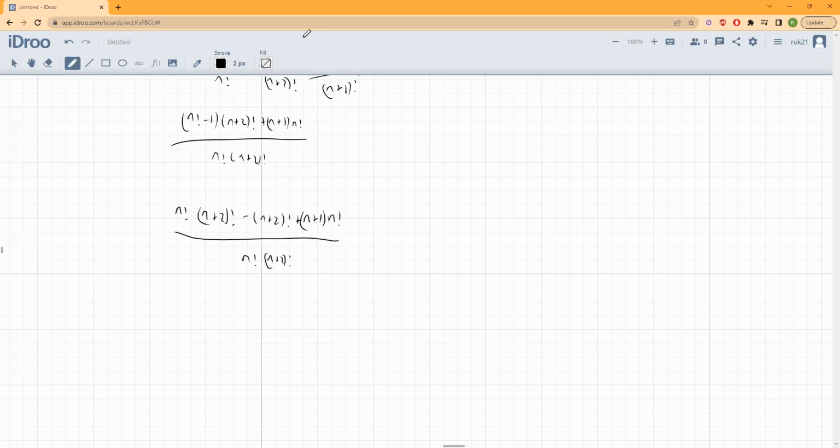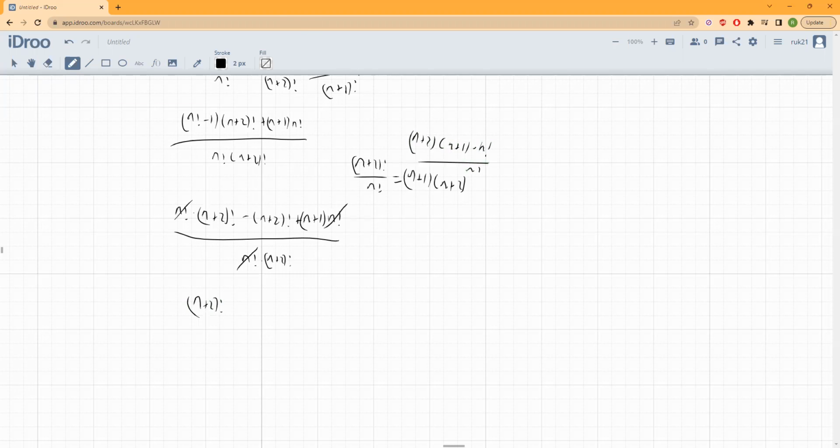So then the n factorial is going to cancel out with this. And then if I'm canceling out with n plus 2 factorial, n plus 2 factorial over n factorial is actually equal to n plus 1 times n plus 2, because n plus 2 factorial is equal to n plus 2 times n plus 1 times n factorial.